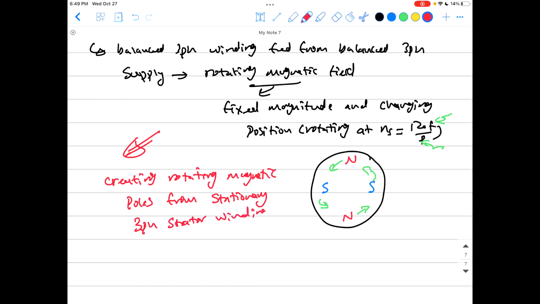The winding itself does not rotate because it's just the stator winding, guys, so it's stationary. It does not go anywhere. But by this arrangement, we have created poles from them that can rotate at the synchronous speed. And that is a very, very important thing to consider.